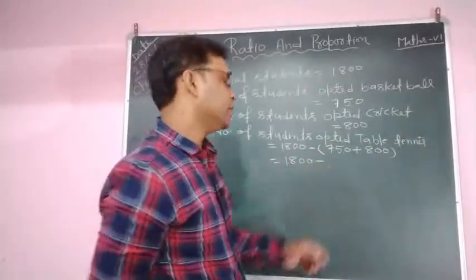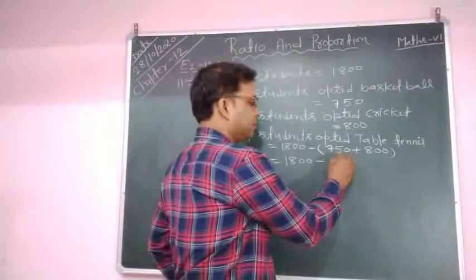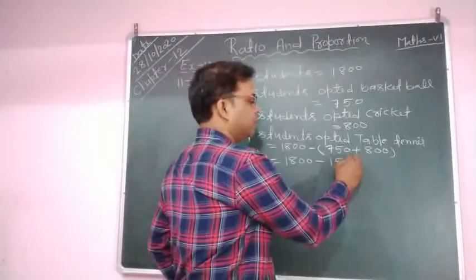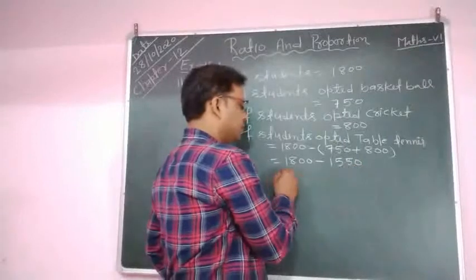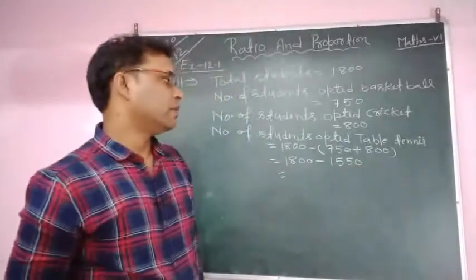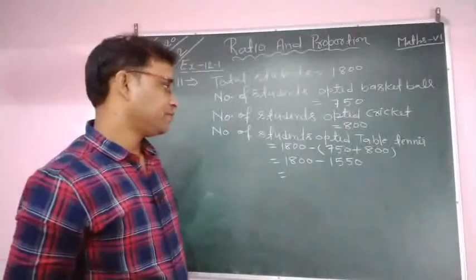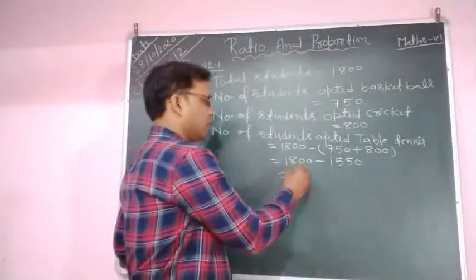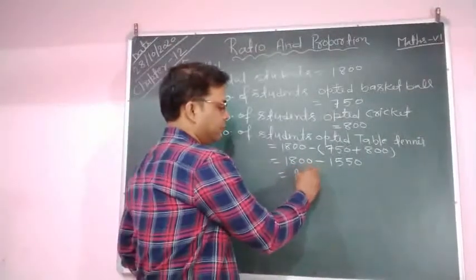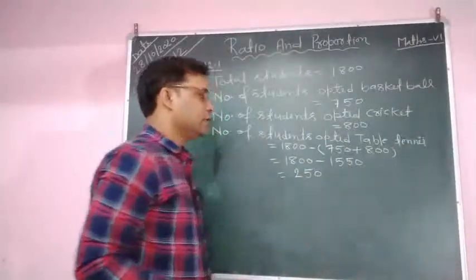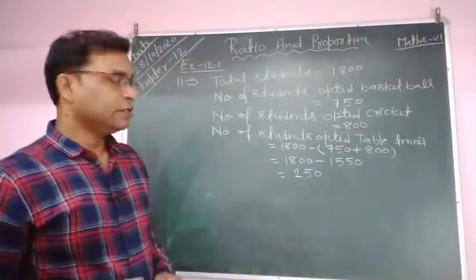After we sum this, we obtain 1,550. If you subtract it, then you obtain what? Then you obtain 250. Clear?